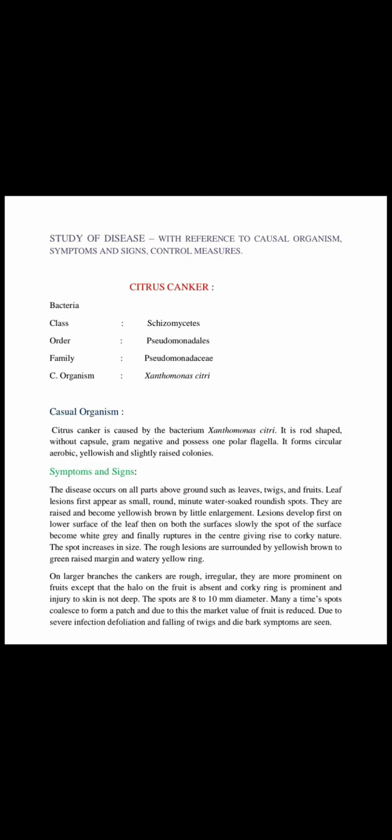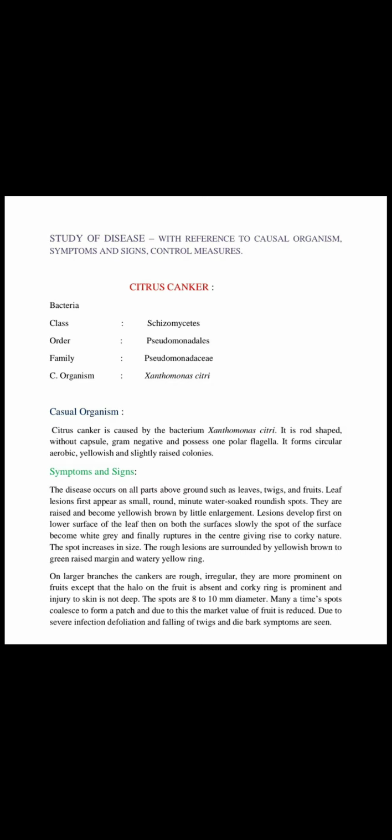The important symptom of citrus canker is that the disease spreads on all parts above the ground, such as leaves, twigs and fruit. The leaf lesions first appear as small, round, minute, water soaked spots. Then these spots are raised and become yellowish brown with a little enlargement.